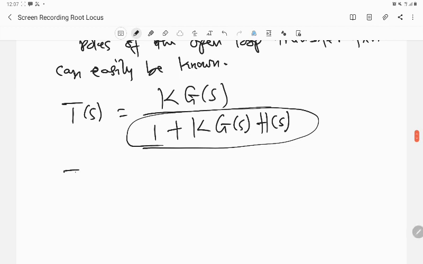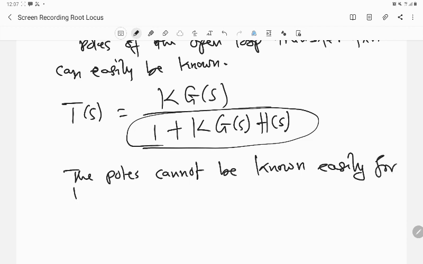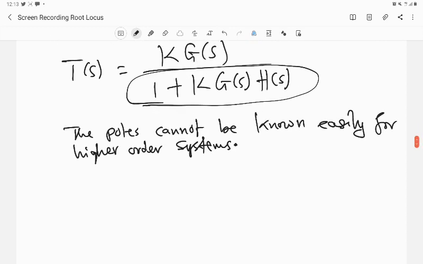Okay, so the poles cannot be known easily for higher order systems, because for higher order systems we will have to factorize the polynomial, and if we have computers we can use that, but let's assume you don't have a computer, and then you find a way to factorize that, and after factorizing that, for a value of k you have to plug in another value of k to factorize, and so on and so forth, and this is not very simple.